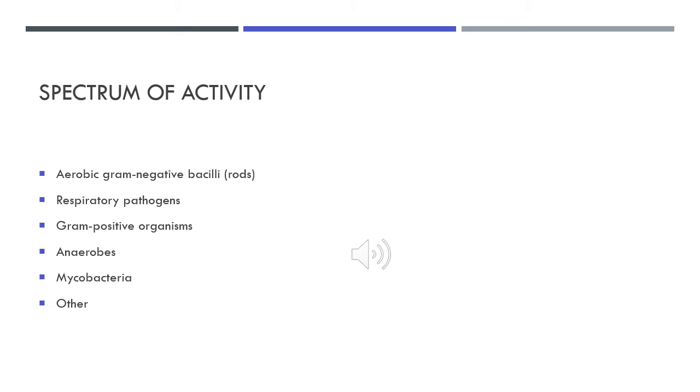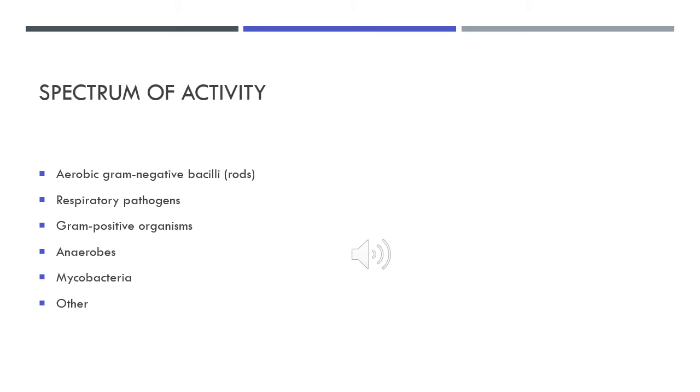Gram-positive organisms. So levo, moxi, delafloxacin are all active against certain gram-positive organisms, just certain, and that would be, it does pretty well against methicillin-sensitive Staphylococcus aureus, some streptococci, some strains of coag-negative staph.